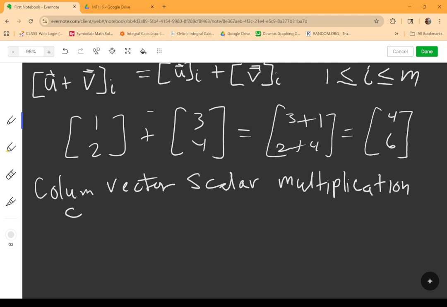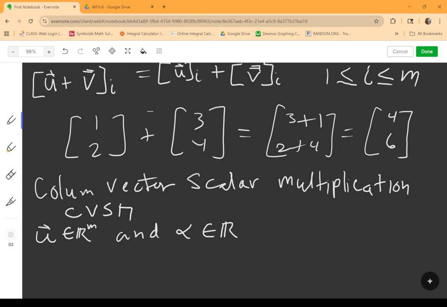All right, or CVSM. Again, we'll start with some vector u, an element of our Euclidean M space, and some scalar alpha, which is a real number.